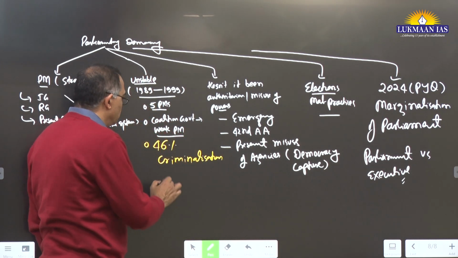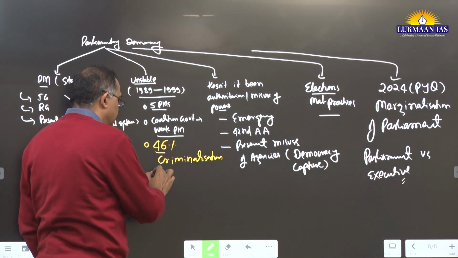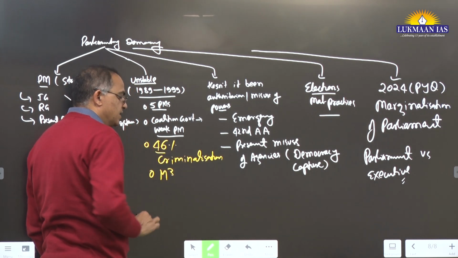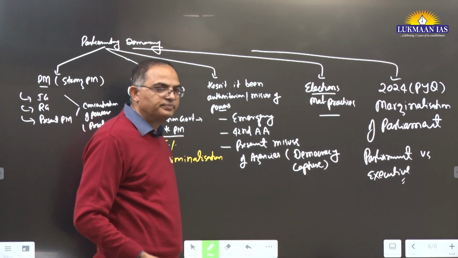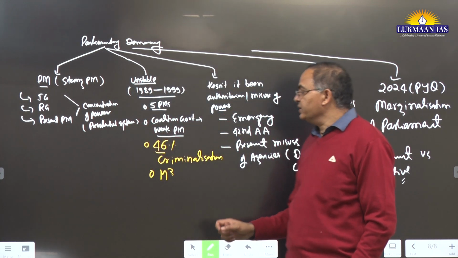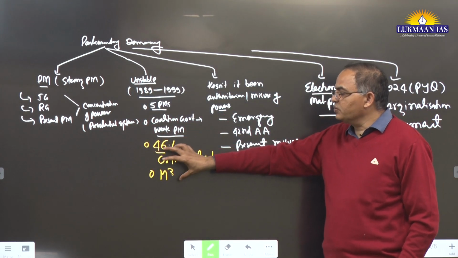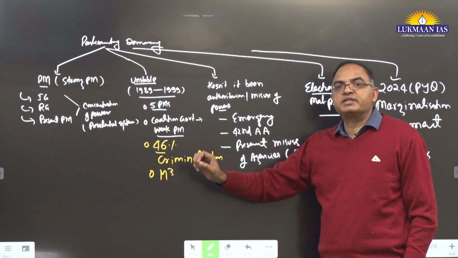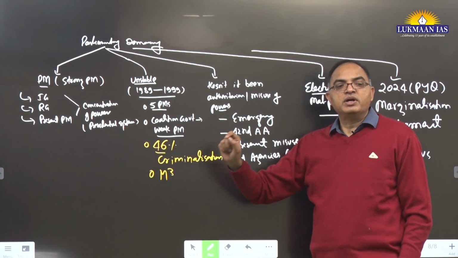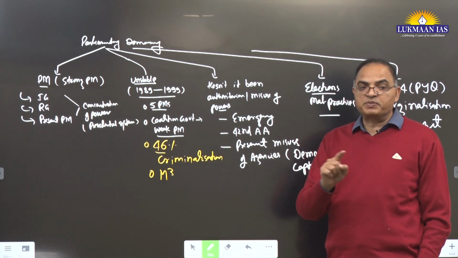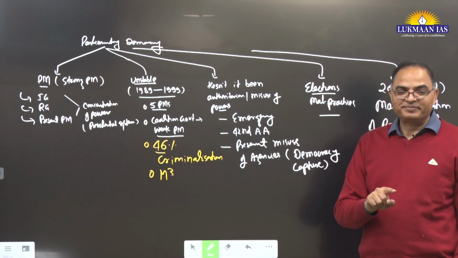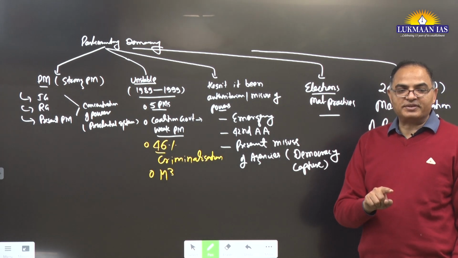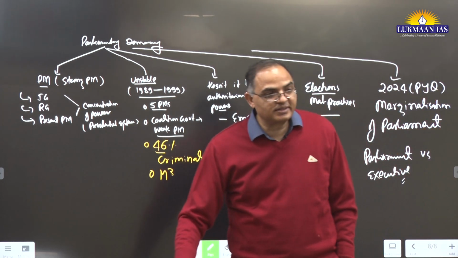Can you imagine this, 46%, and the nexus and so on? When 46% of members have a criminal background, can we say we are giving a responsible government? You can consider that factor.